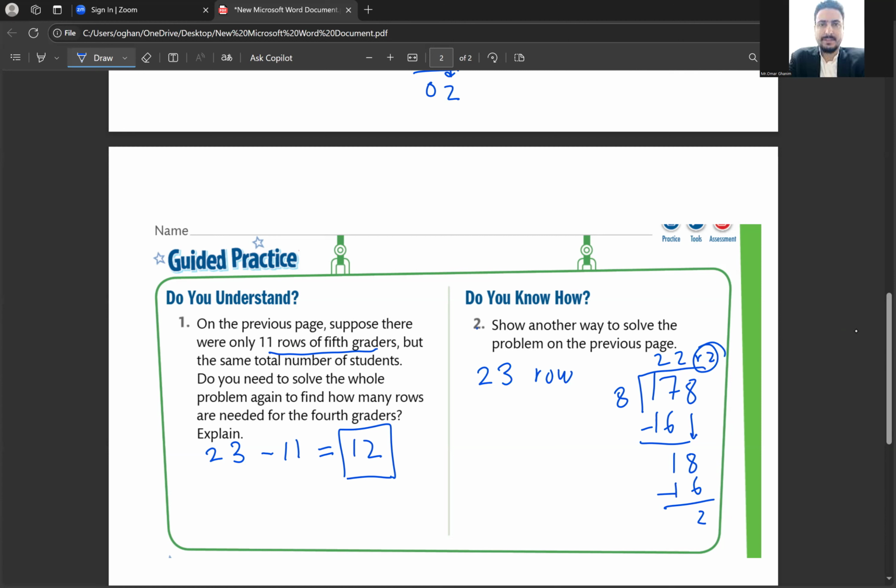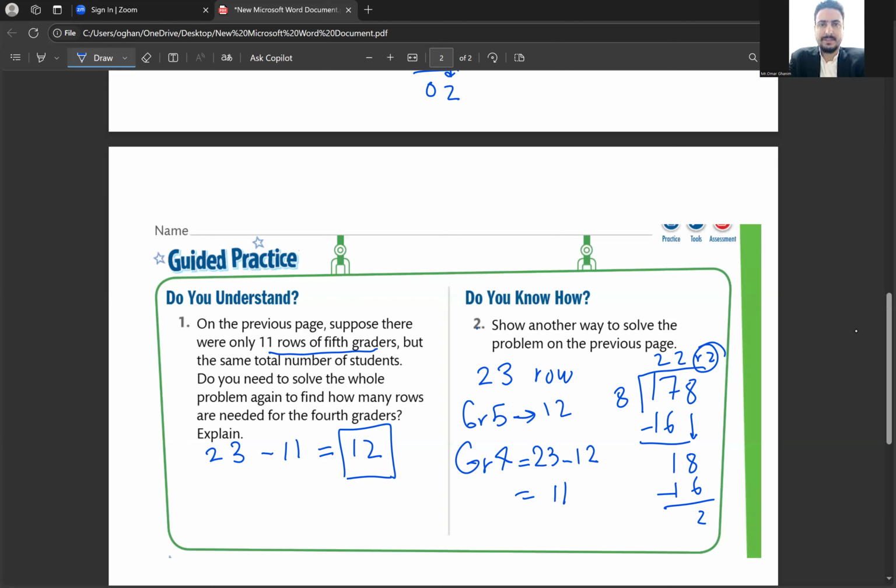So they become 23. If we have 23 total, and we already know from the previous part that grade 5 has 12 rows, then grade 4 is 23 minus 12, which equals 11.